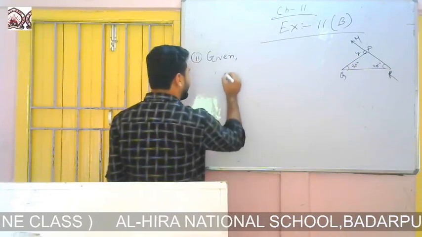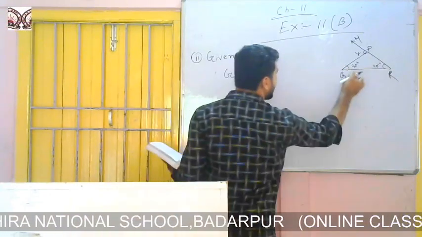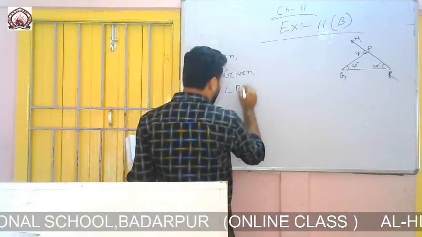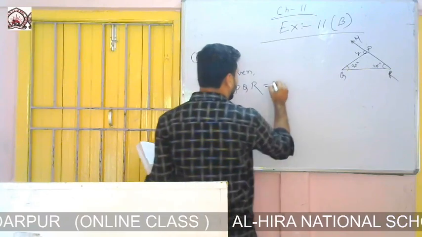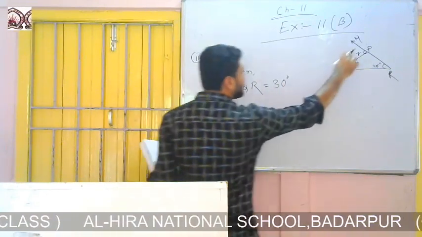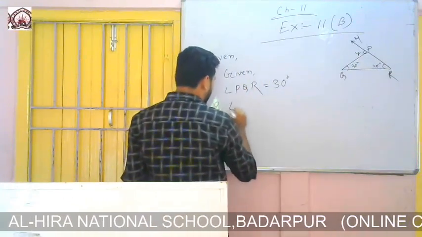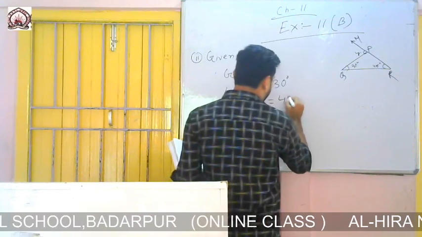So given PQR, angle PQR equals what? 30 degrees, and angle PRQ equals what? 45 degrees.